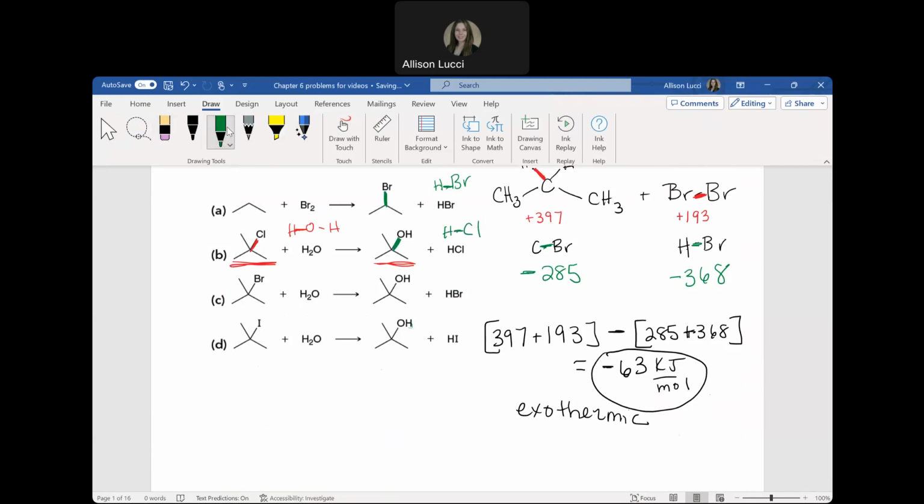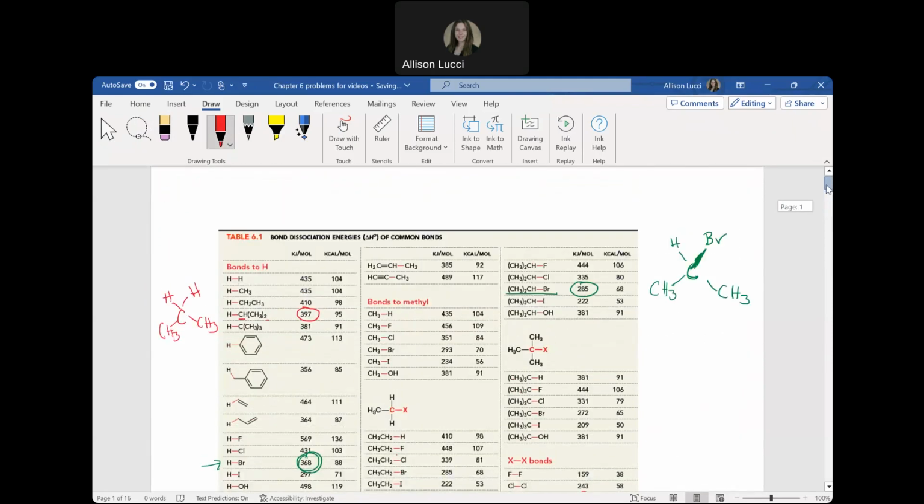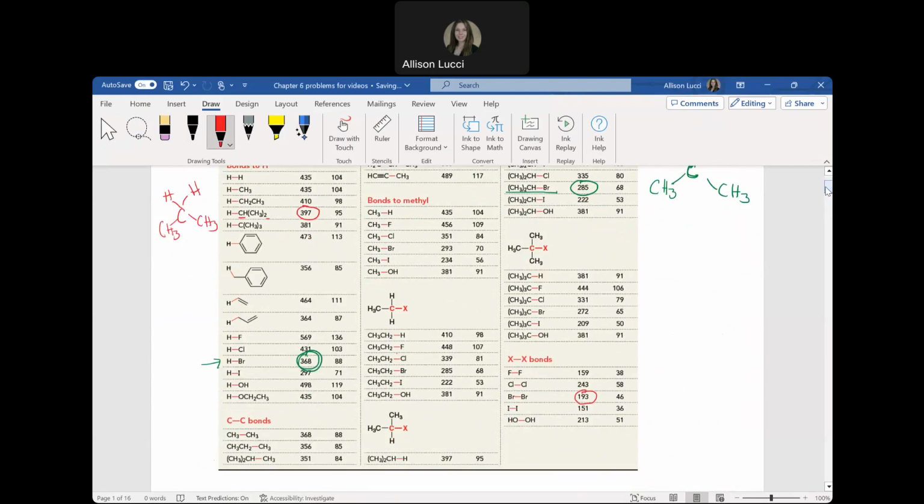All right, so let's go to our table and see if we can figure out the two bonds that will be broken, what those bond dissociation energy values would be. So here's our table. So again, we have a carbon in the middle, but now it's going to be bonded to three CH3 groups and that chlorine. So let's see, what would that look like? So we have something over here that we're looking for, right?